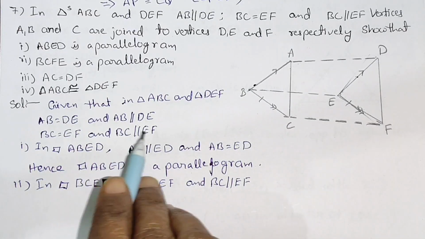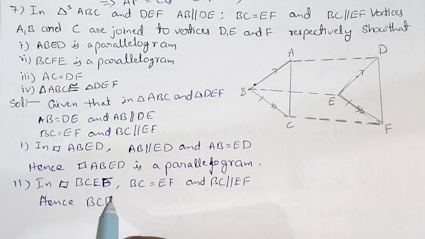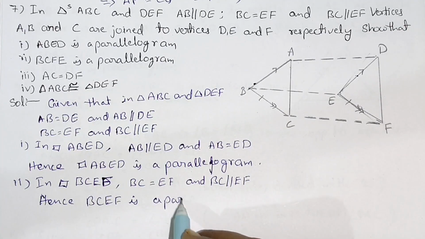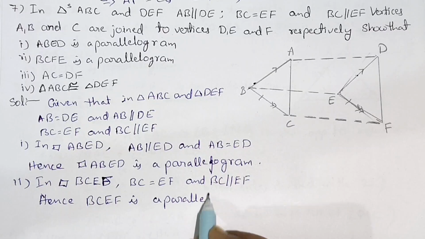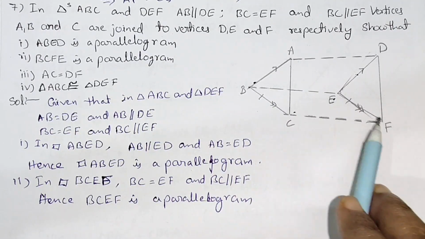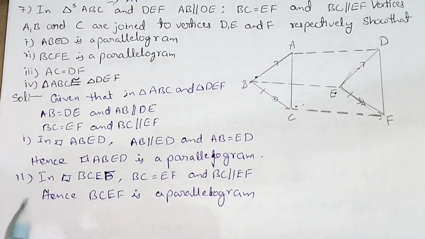So these two are equal and parallel. Hence BCEF is a parallelogram. Next we prove the third one.